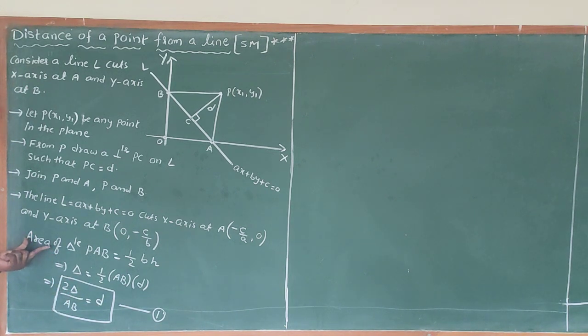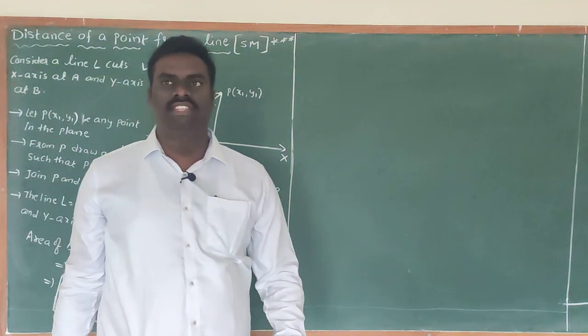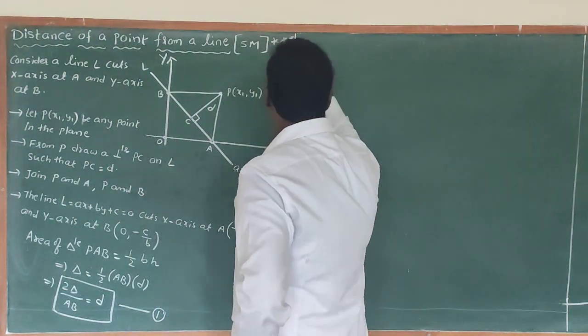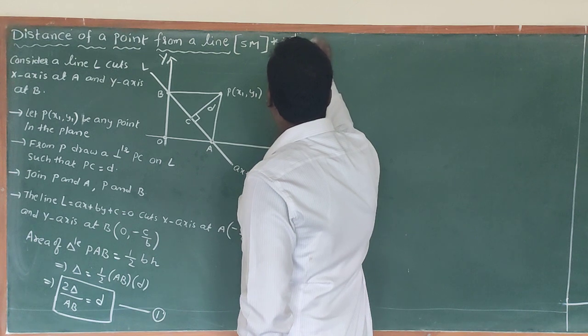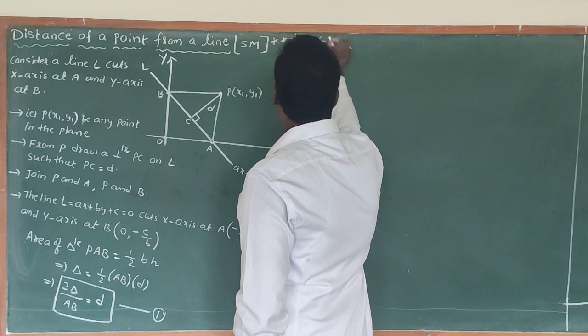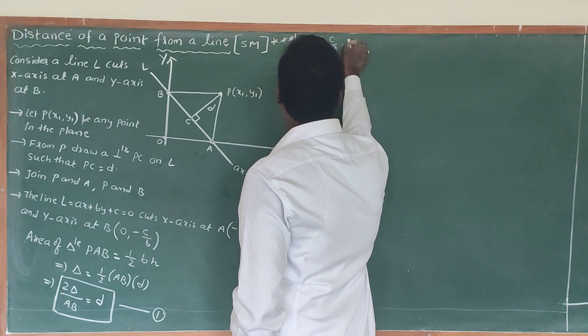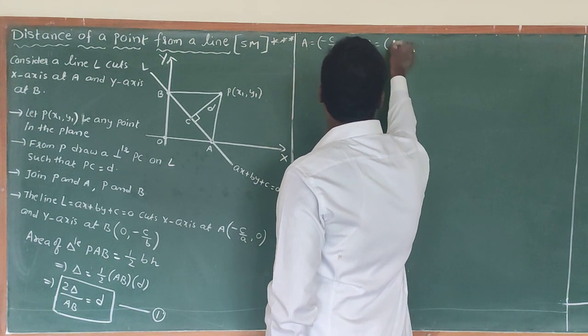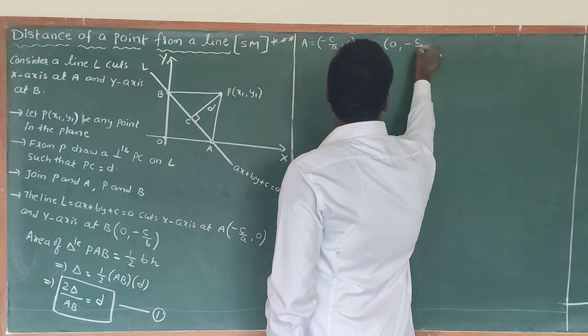Delta is nothing but area, and we need to find the distance AB. Okay. First I am finding distance AB. Next I am finding delta. Okay. A point is minus C by A comma 0. B point is 0 comma minus C by B.